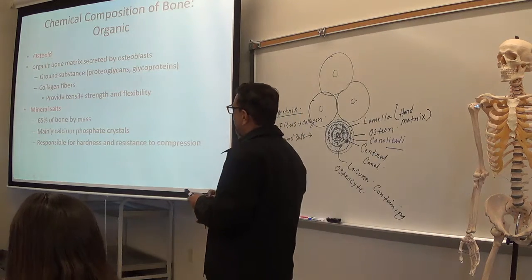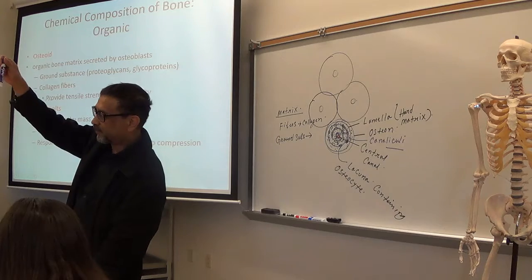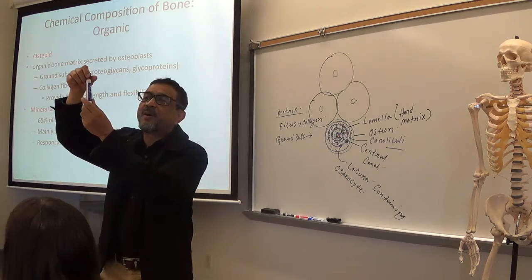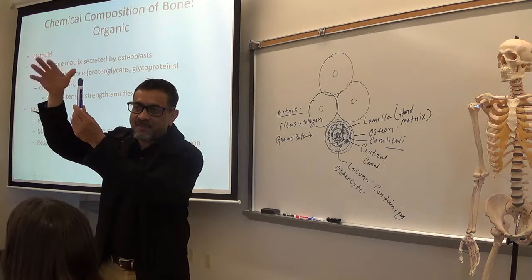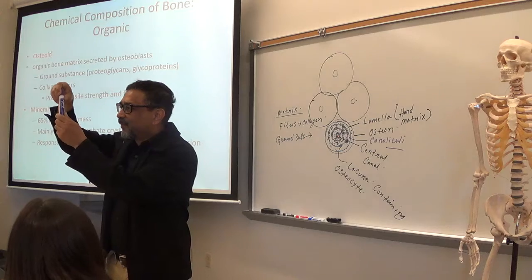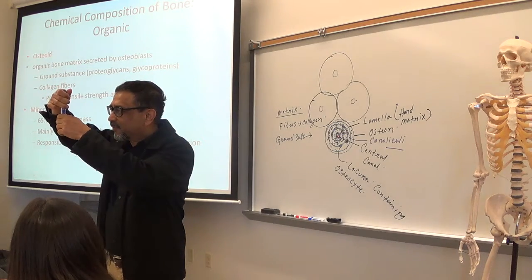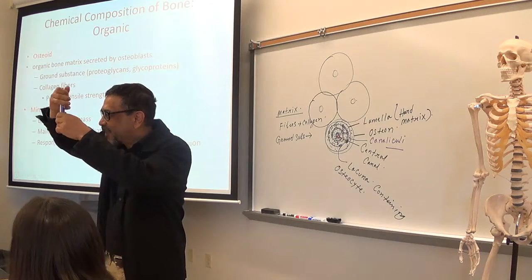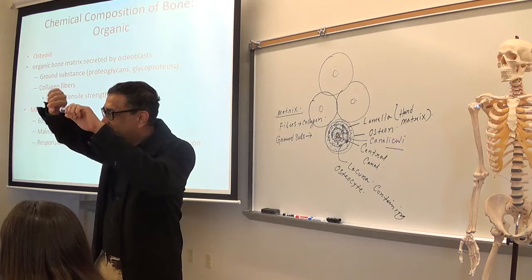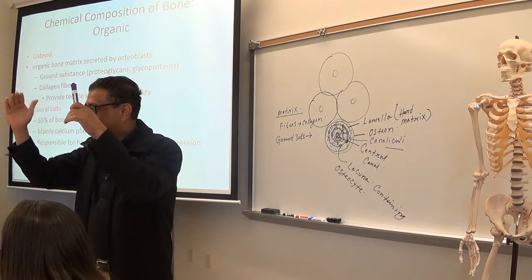Now you tell me, if this is a bone and it has lost its fibers, fibers have been destroyed for some reason, this bone will easily get fractured. Make sense? Because the flexibility has been lost. If you try to bend, what will happen? Break. It is hard, but it doesn't have the flexibility.